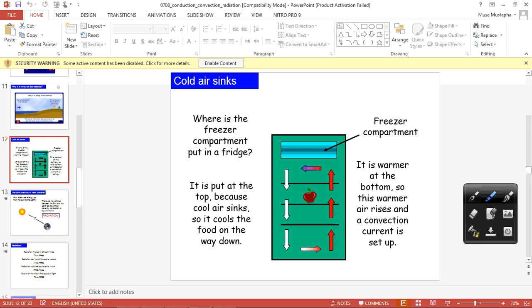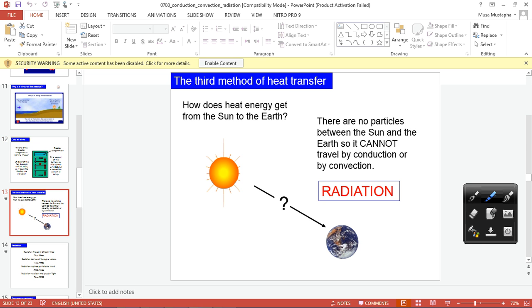Now, let's move to the third method of heat transfer, which is called radiation. How does heat energy get from the sun to the earth? This is a good question.